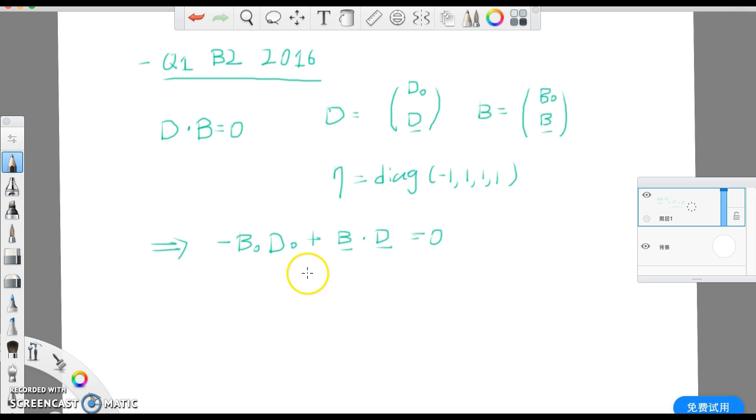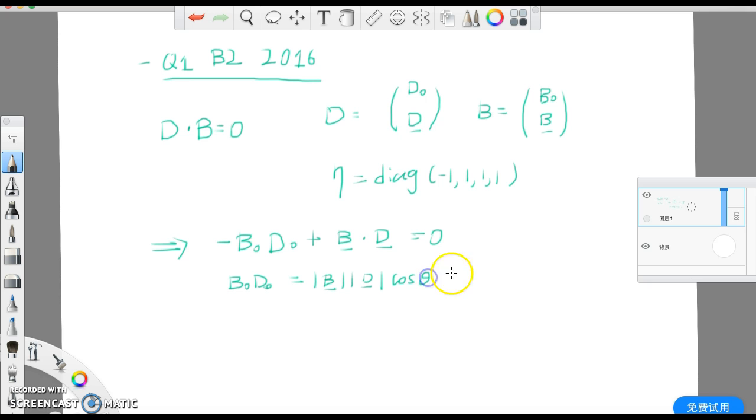And this can be rearranged to get b naught d naught equals the absolute value of the three vector b times the absolute value of the three vector d times cosine theta.